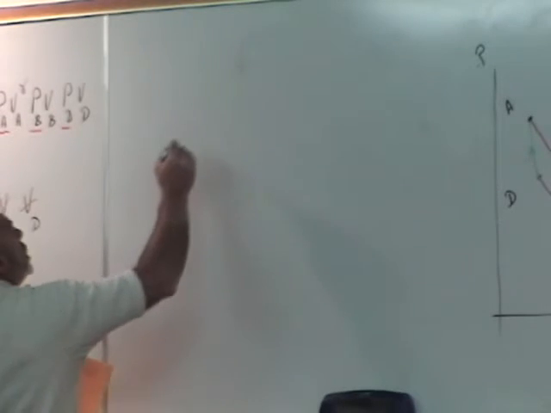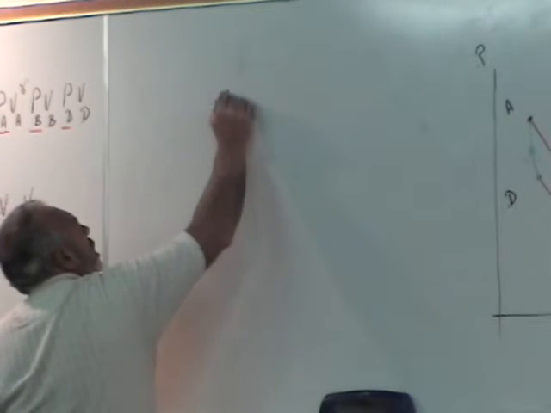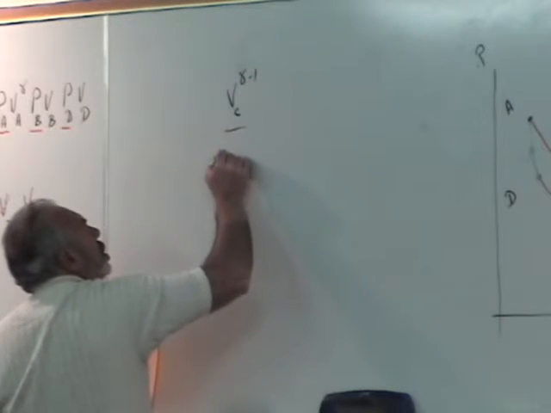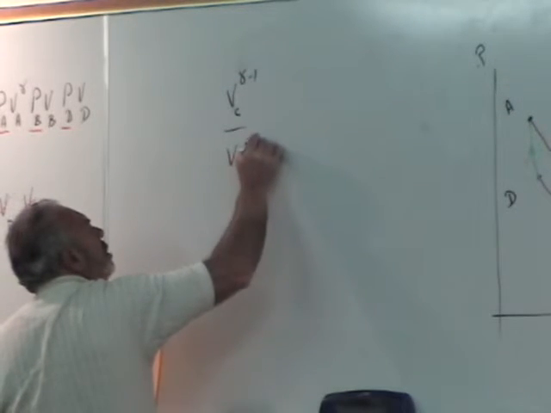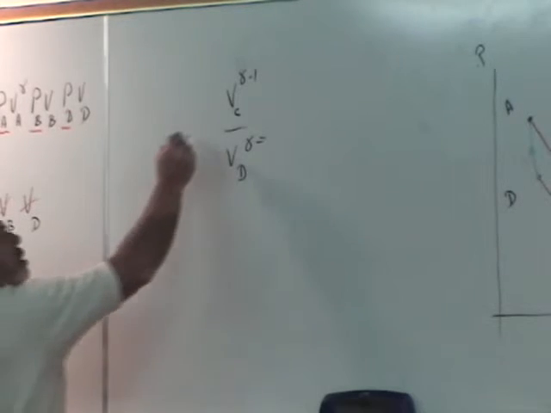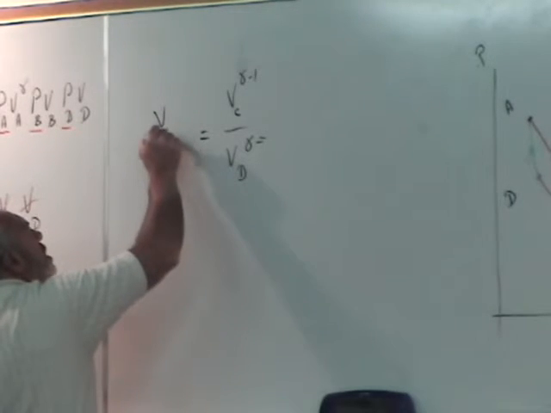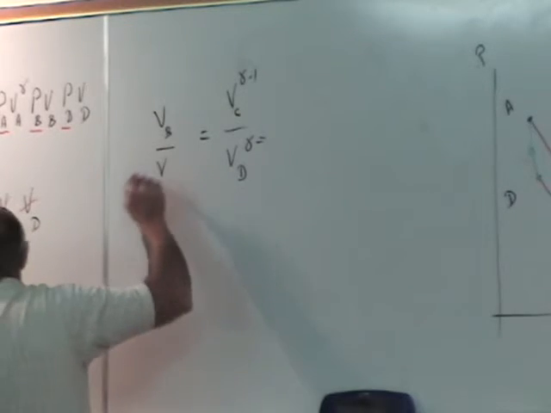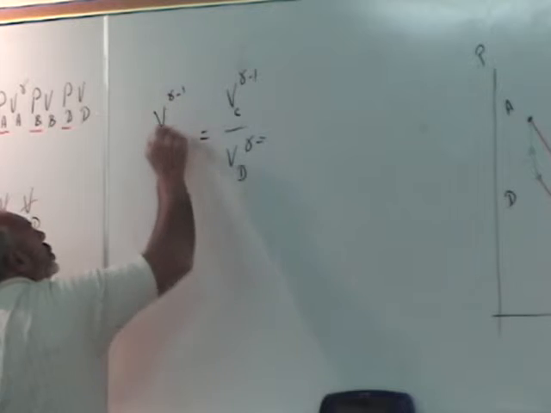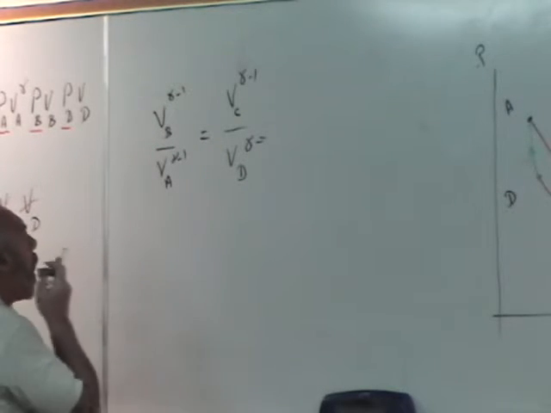With one eyeball over here, I can say V_C, V_D. So we have V_C to the gamma minus 1 over V_D to the gamma minus 1. So that takes care of these two. On the other side we have equals V_B over V_A to the gamma minus 1.